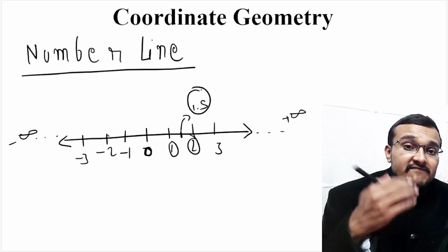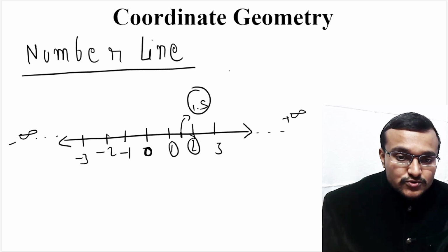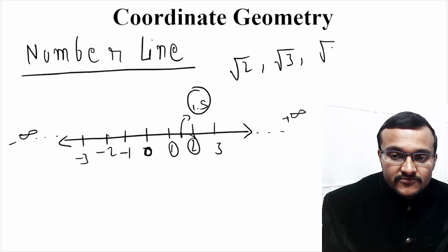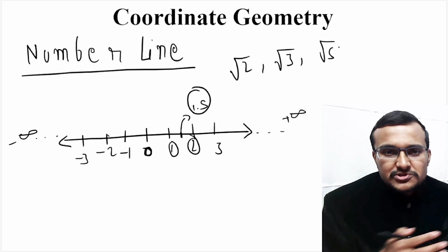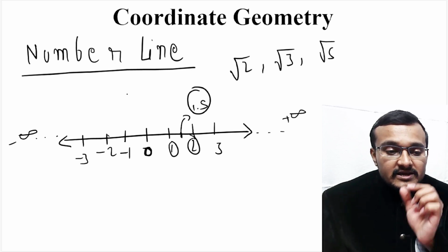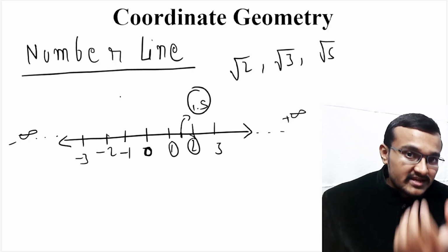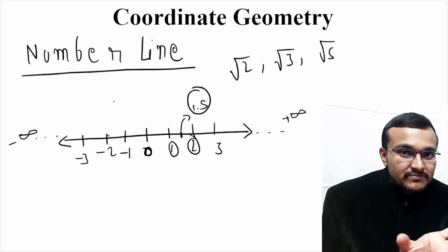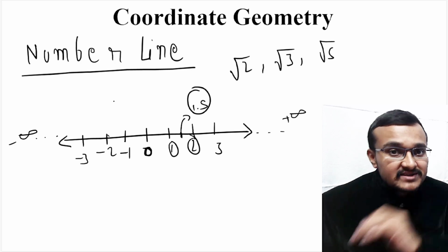And also we have learned how to locate root 2 on number line, and also we know how to locate root 3, root 5, root 4. All those things we know how to locate on number line. So now if I increase one more information into this number line, for example, I'll take one particular case.